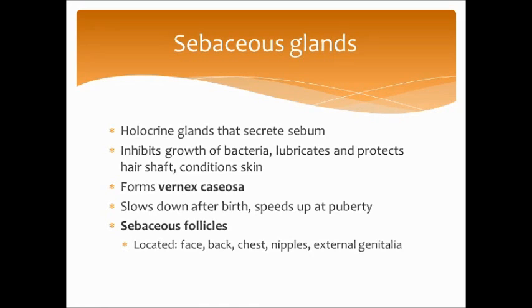These sebaceous glands are very active right before the baby is born. After birth, they slow down quite a bit, and then at puberty again, they speed up. So that's why generally at puberty you notice yourself getting a little bit more greasy and oily.